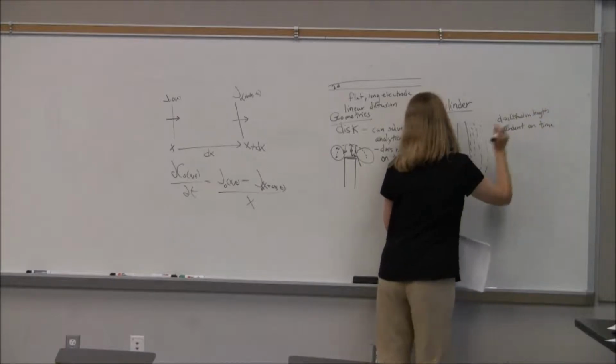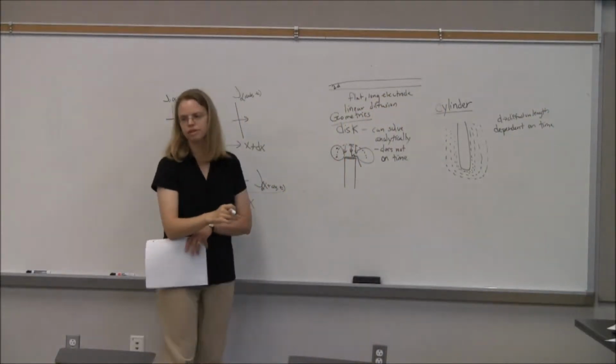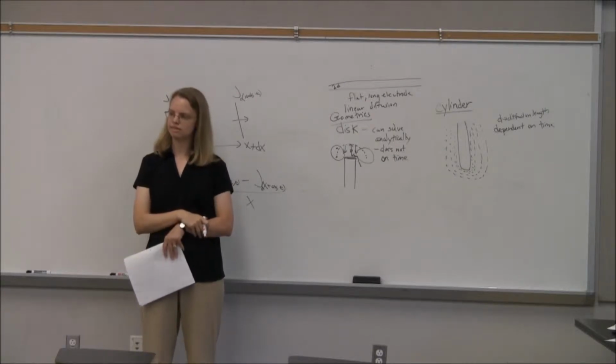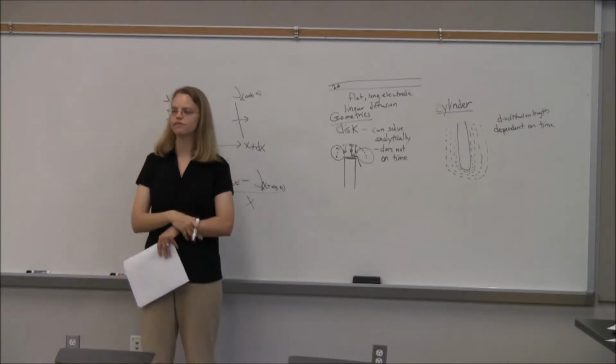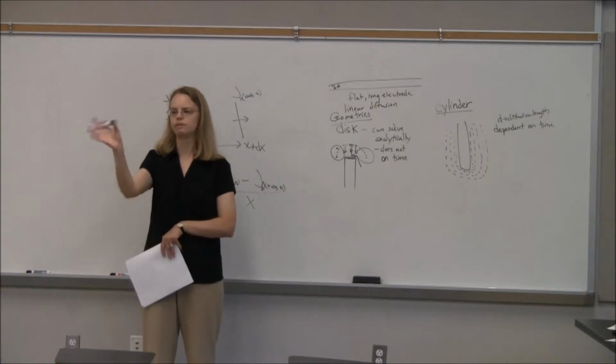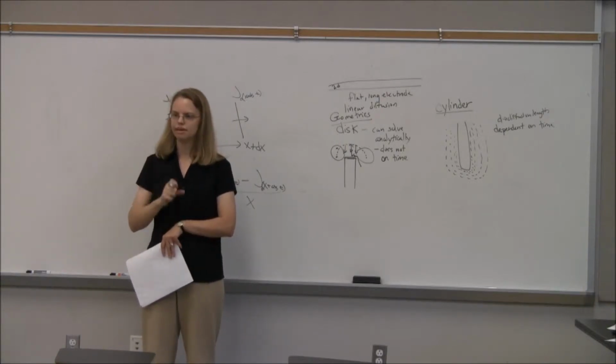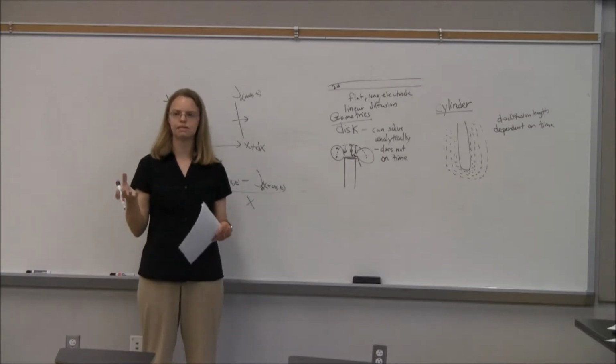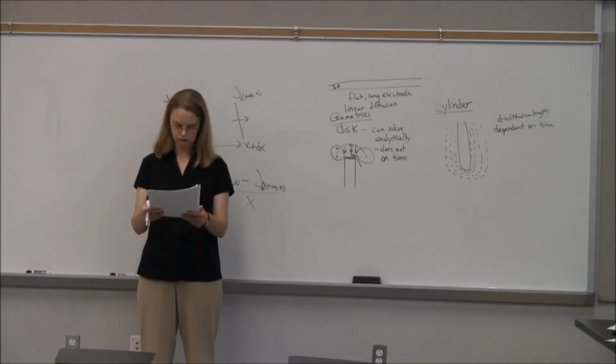Whereas with the disk, it turns out you can solve it, and it's not dependent on time, unlike the cylinder. So people don't like cylinders. If you're going to do a fundamental study of diffusion to your electrode, you should never pick a cylinder, you should always pick a disk. It just ends up being easier to solve. You want to know why people start with disk electrodes? It's probably because the fundamentals are much easier to look at as far as that goes.